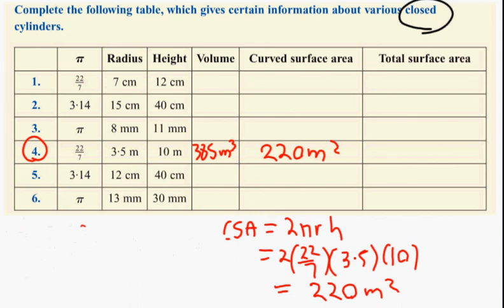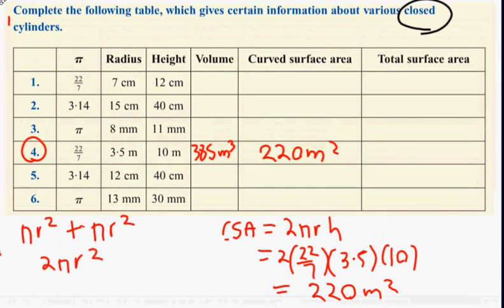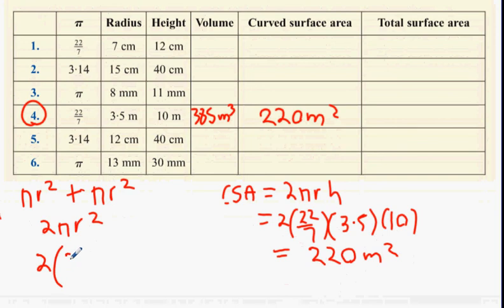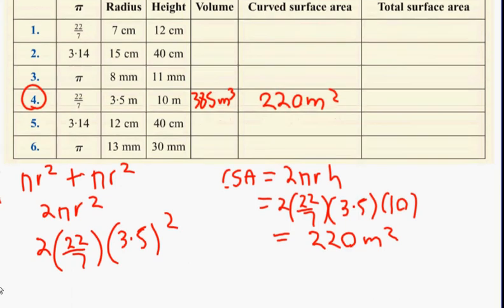The two circles are worth pi r squared each. You can combine them together to make 2 pi r squared, which is going to be 2 multiplied by 22/7 multiplied by 3.5 squared.